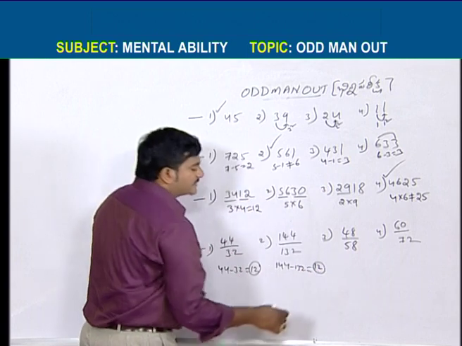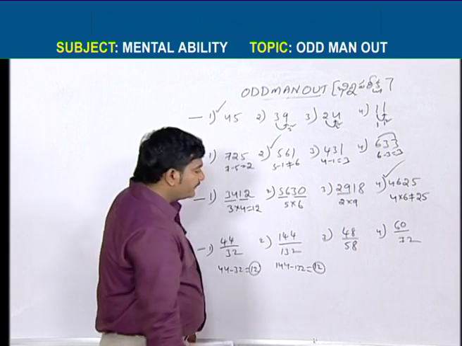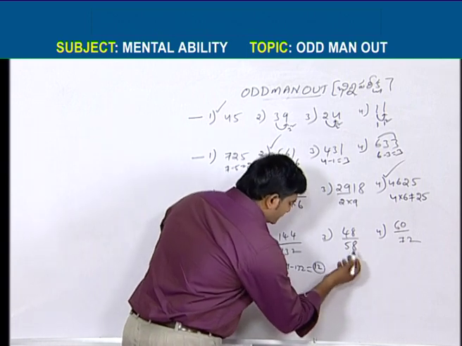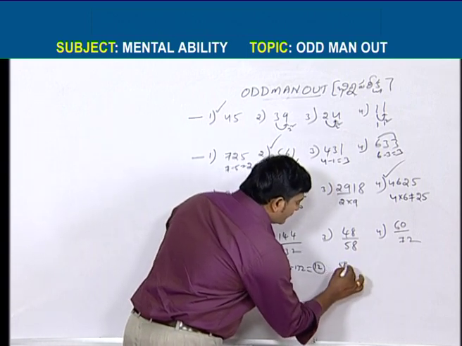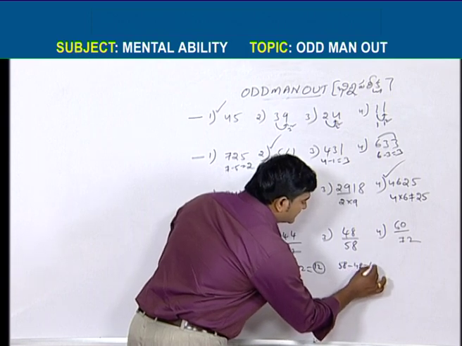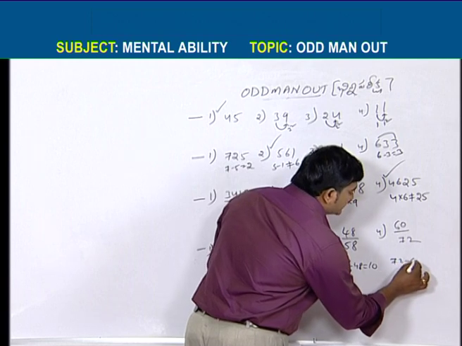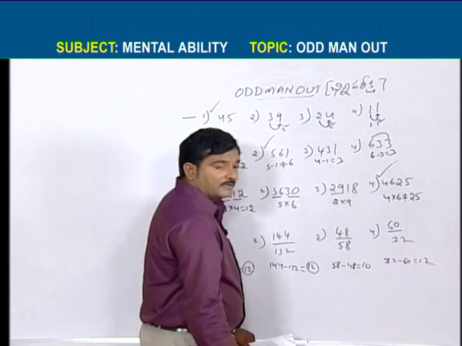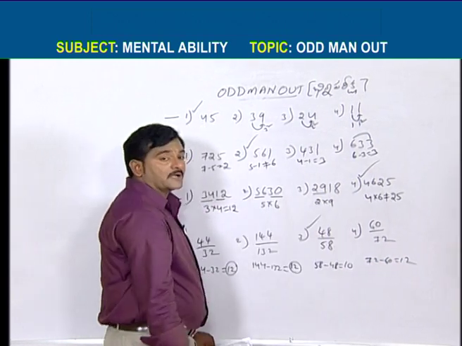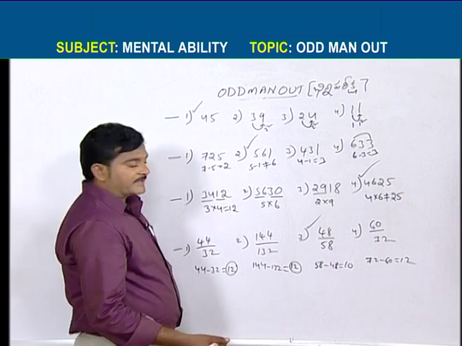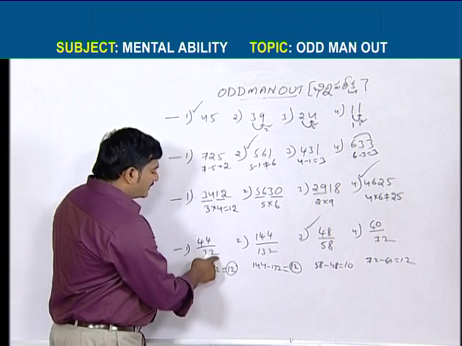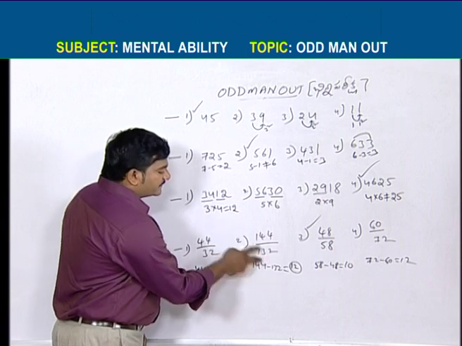Yes, in this case also the difference is 12. So here it is big number minus small number. 58 minus 48, the difference is 10. Whereas here 72 minus 60, the difference is 12. Hence the answer is the third option. A fraction is given, with numerator and denominator, and its difference is 12.